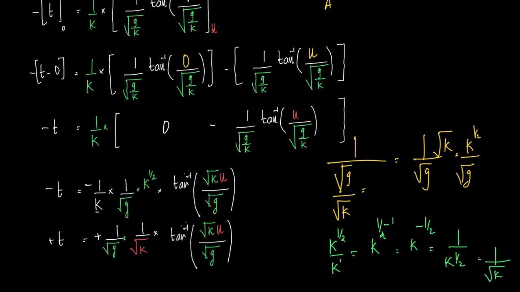And that's how we get 1 by root k in the denominator, and the rest of the value remains unchanged. So this is the expression for the time of, well, not the time of flight, but the time of ascent.